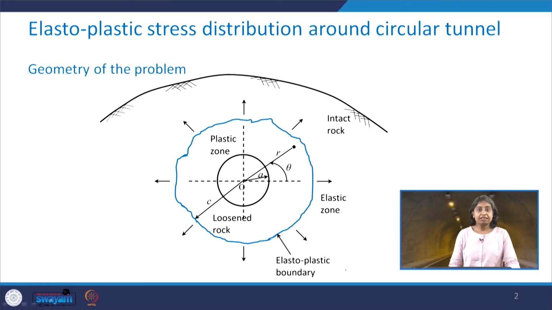So, in order to have continuity, first let us understand once again what the geometry of the problem was.